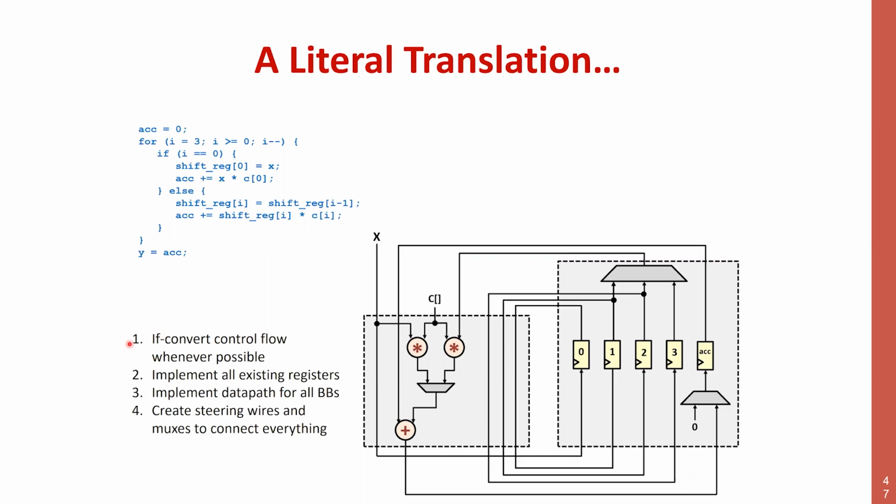You see that they are in parallel because they are in if then else. So I have done if conversion. Once more, I hope you remember what it is. We have seen it long ago. I have basically predicated, if you want, this code in the sense that I do both, and then I select at the end which one I take, right? It's the same thing that we do in processors with predication. This multiplexer is controlled by this test on I. And so on and so forth.